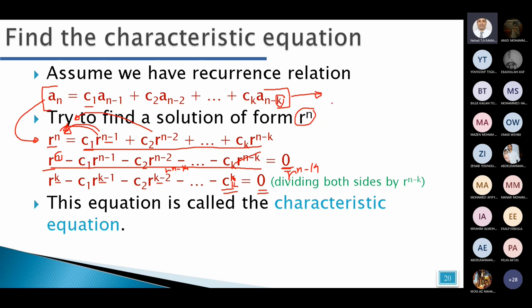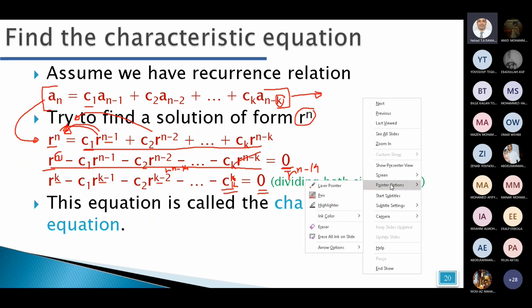So it's easy to find it as a number, but if you keep it as n, it's another issue. It's difficult to find n. That's why we divide by r^(n-k). So it's an easy way to find the characteristic equation.